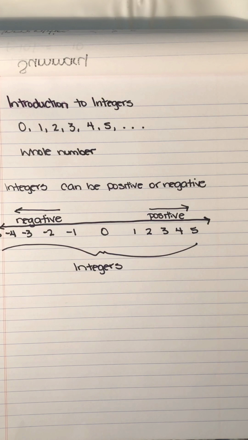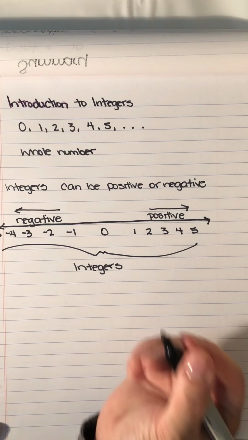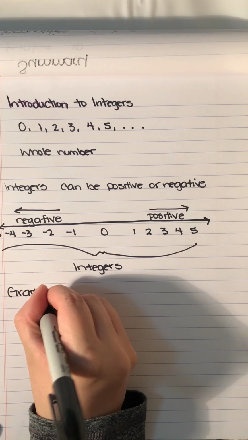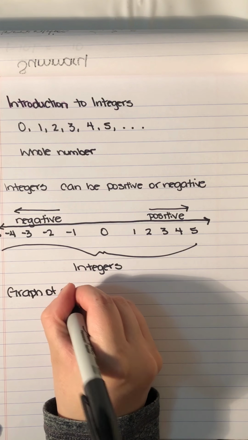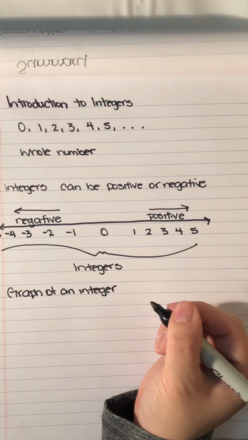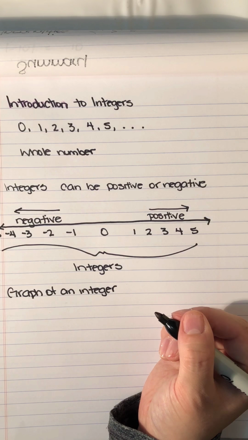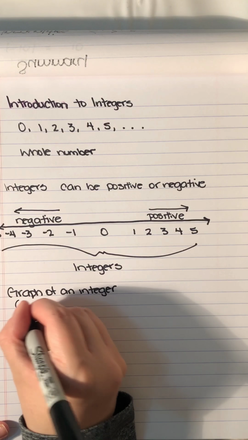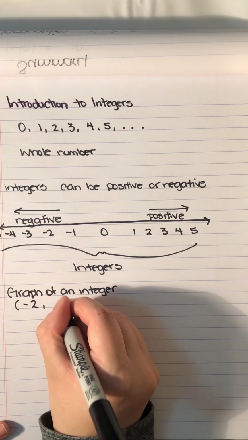You usually want a positive number, right? You want your piggy bank to have $100, not negative $100. So let's say I wanted you to show me on the number line -2 and 5. How would you show me that on your number line?